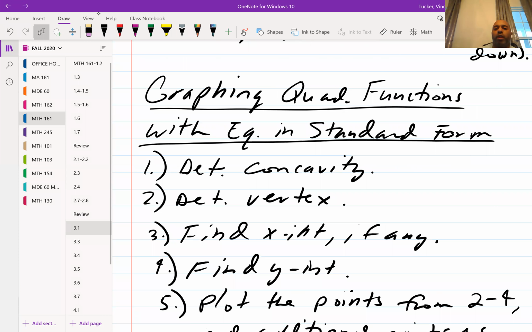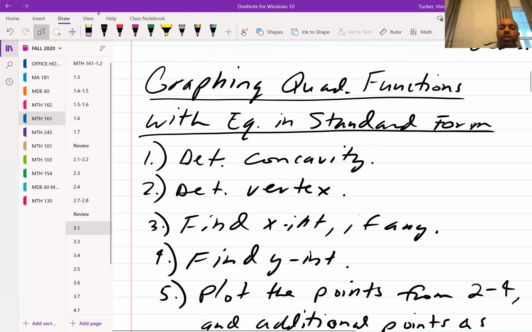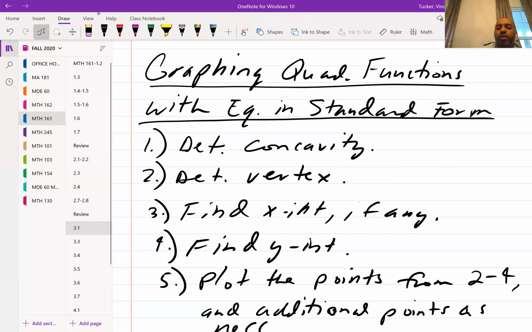All right, graphing quadratic functions with the equation in standard form. So we want to determine concavity. We can determine our vertex. Find your x-intercepts, if any. Find the y-intercept.